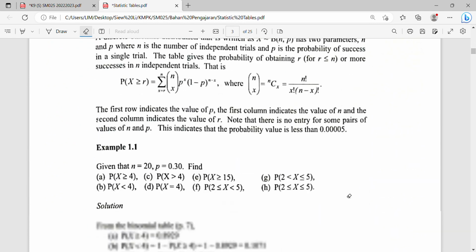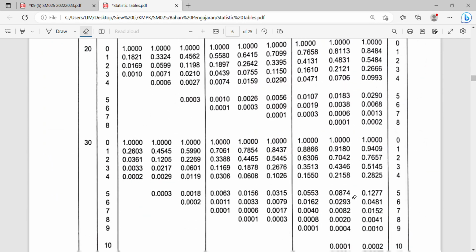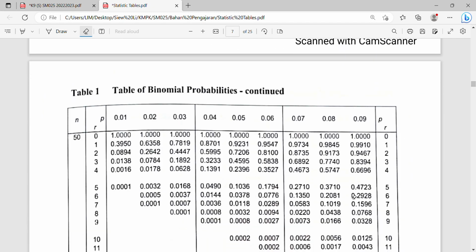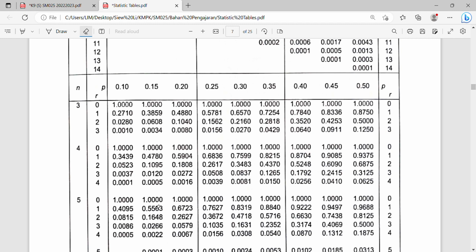So find out the page. Page 5, n 5, 0.1 here. How much do you want to read? Read for 2, which is 0.815.